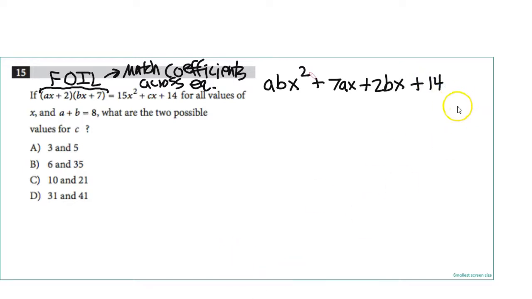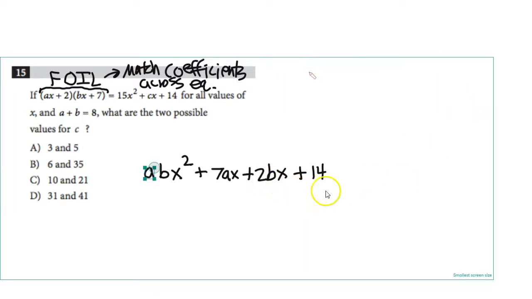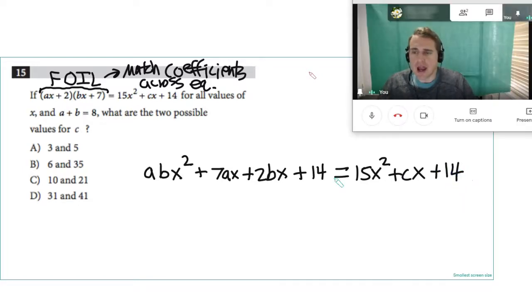You okay with all that? So this is what we have after FOILing, right? Do you see that this is equal to 15x squared plus cx plus 14. Now, the reason I mentioned this is because we already said we want to match coefficients across the equation.